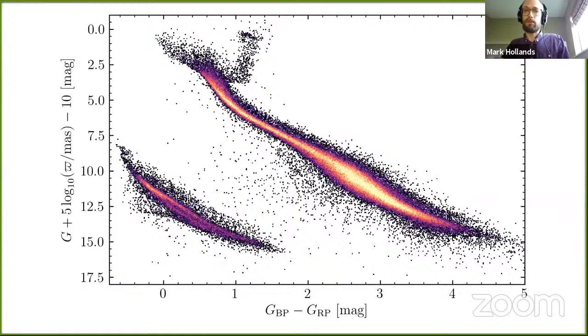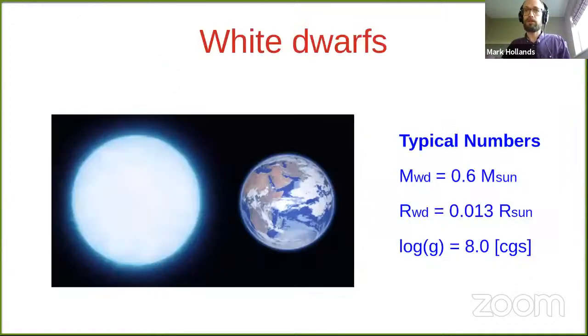Before we move on to learn about those planetary systems themselves, it's worth bearing in mind a few different things about white dwarfs themselves. A typical white dwarf is a very compact object, slightly bigger than the Earth, with an average mass of about 0.6 solar masses.